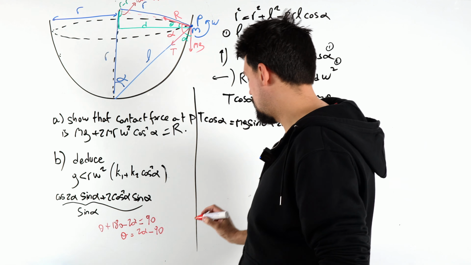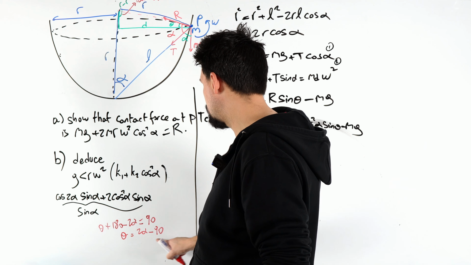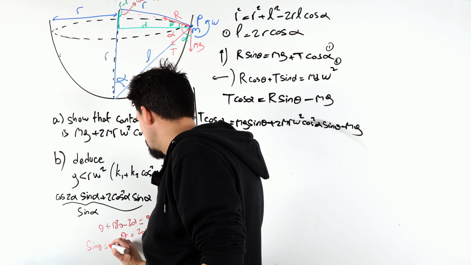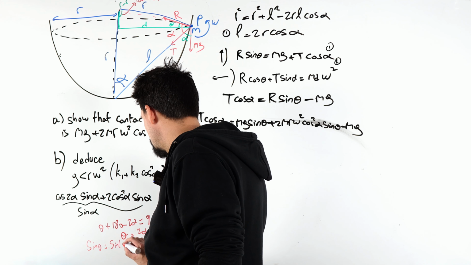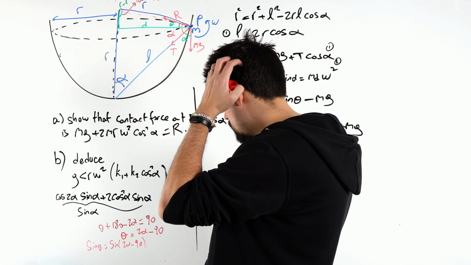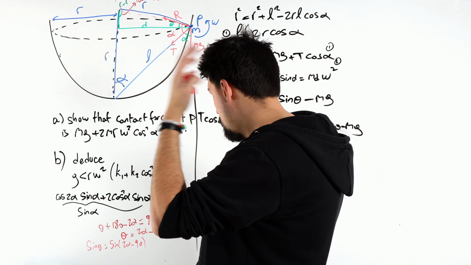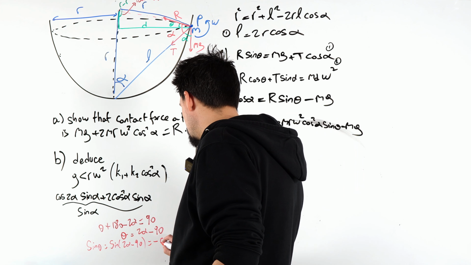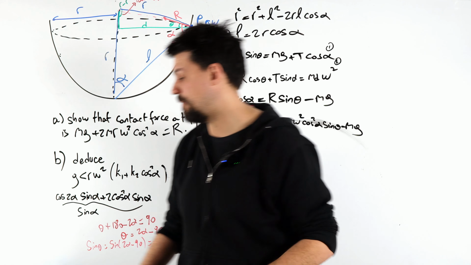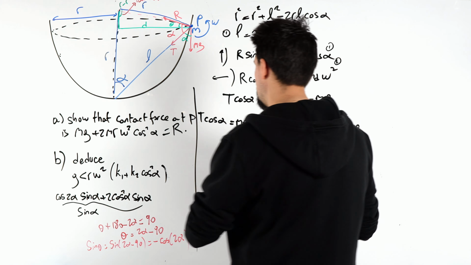So sine theta is sine of 2 alpha minus 90, which is minus cos 2 alpha. Awesome, I feel a lot better about life now. Sometimes you just need to take a step back.